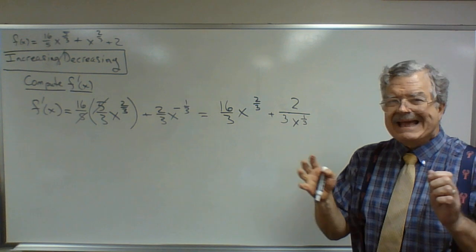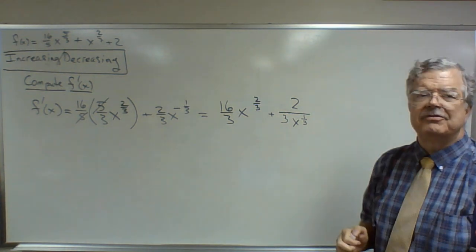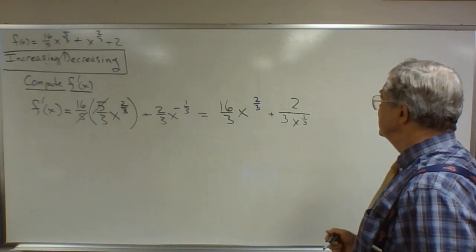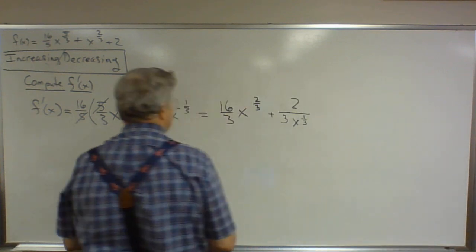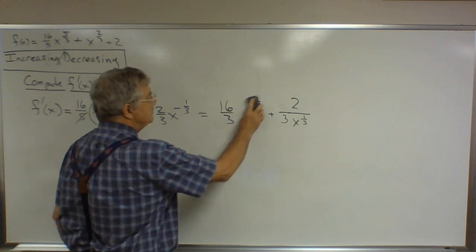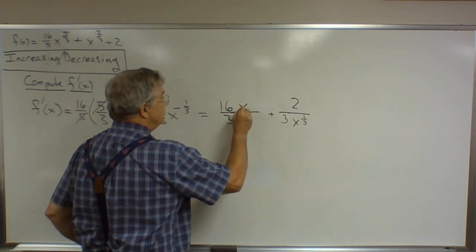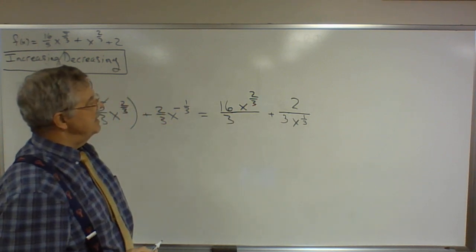So I'm going to get it in a nice form that I can work with. And the first thing I'm going to do is get a common denominator. Instead of writing 16/3 x to the 2/3, I could write 16 x to the 2/3 over 3, couldn't I?